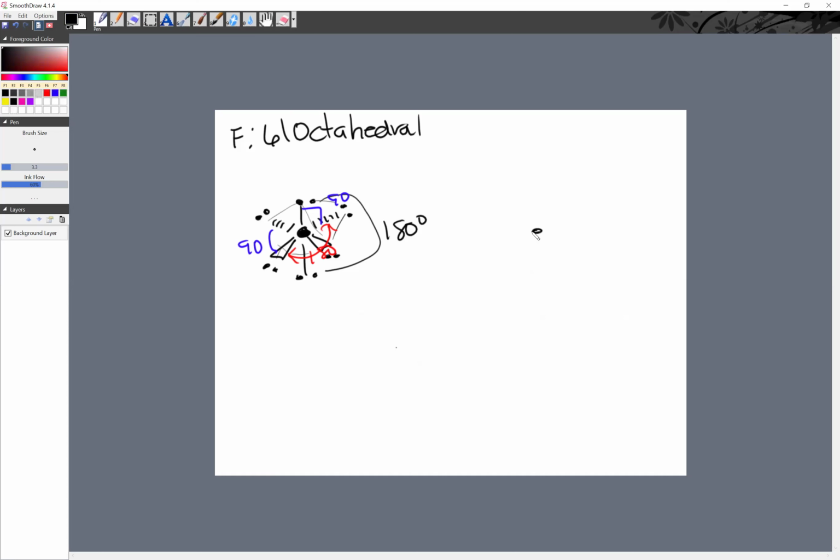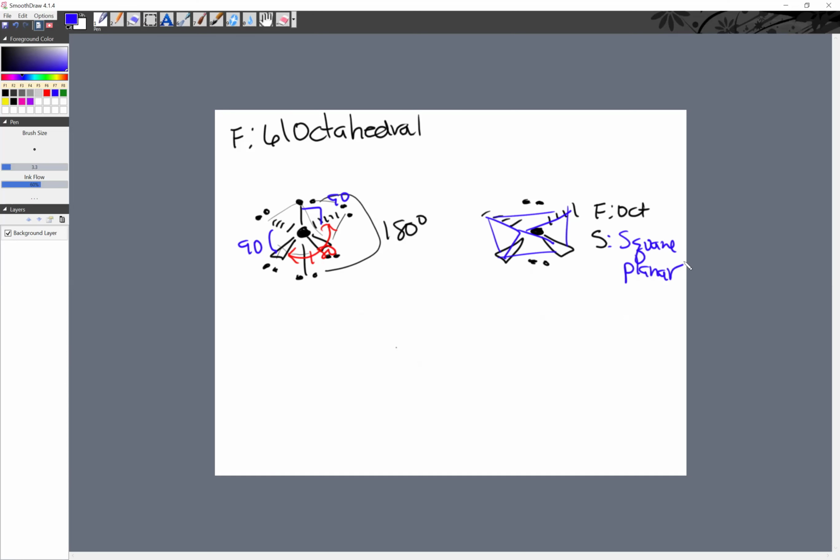So if you have 2 lone pairs and 4 bonds, this would be family octahedral, but the shape only comes from the bonds, which looks like a square. And so that is called square planar.